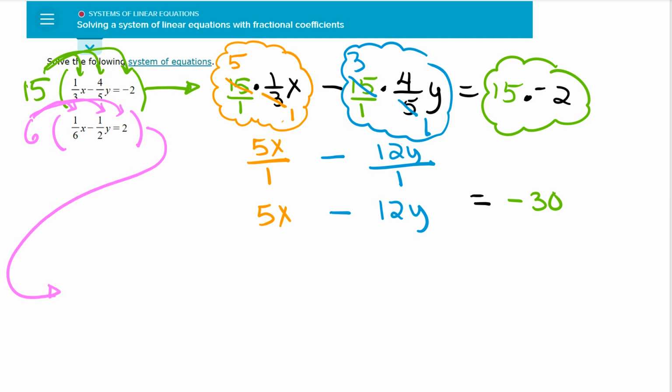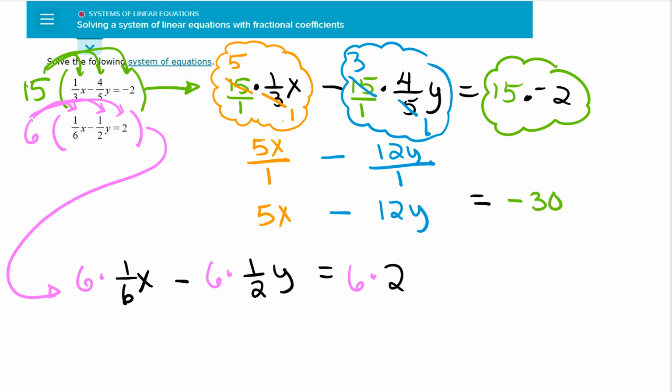Follow me. I'm going to take 6 times the 1/6 x minus, take 6 times the 1/2 y equals, take 6 times the 2.